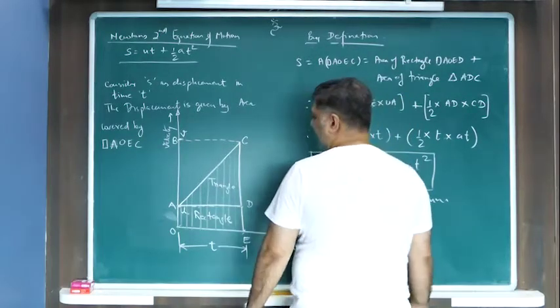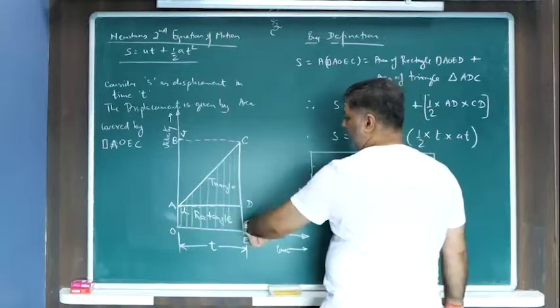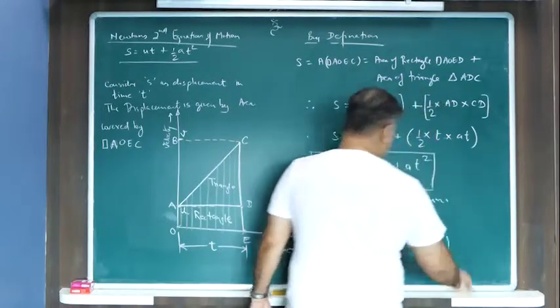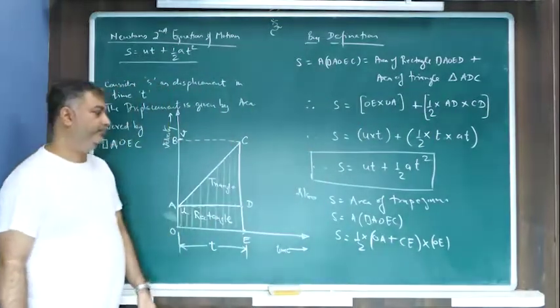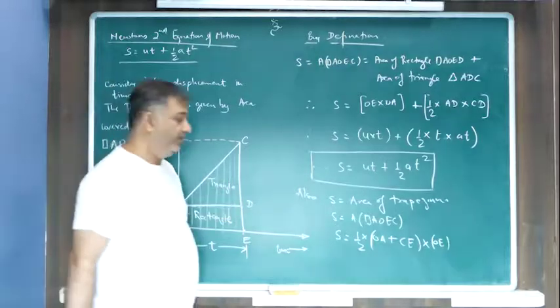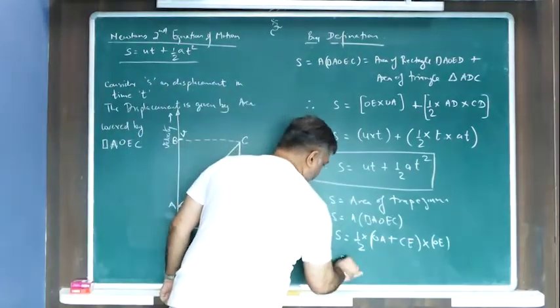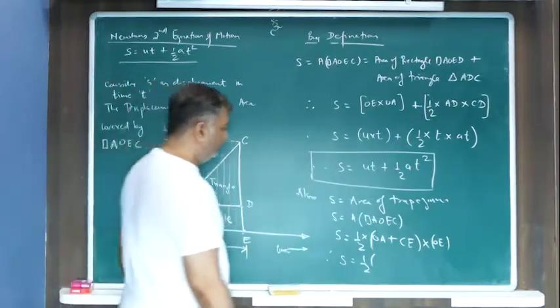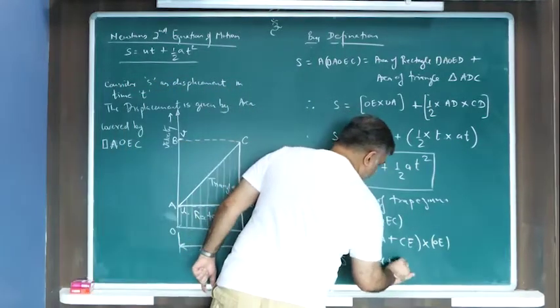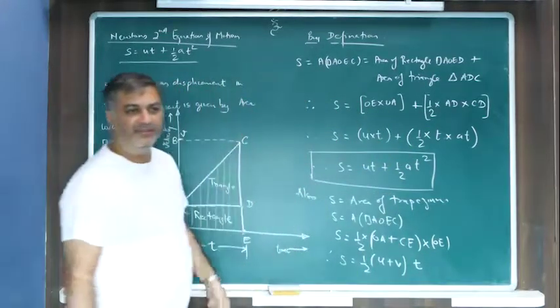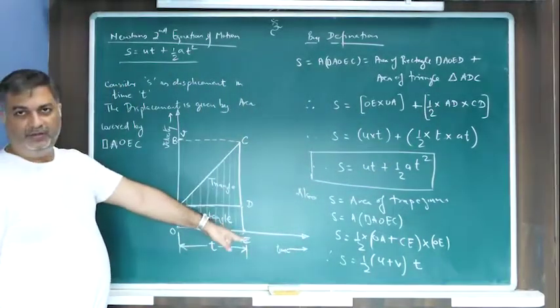Multiply by height. Now what is the height? OE. OE will play the role of height. So this is what you get. S is equal to half into OA plus CE into OE. Now just substitute. That's done. So S is equal to half into, what is OA? U plus CE is V into P. OE is T. This is what you get.